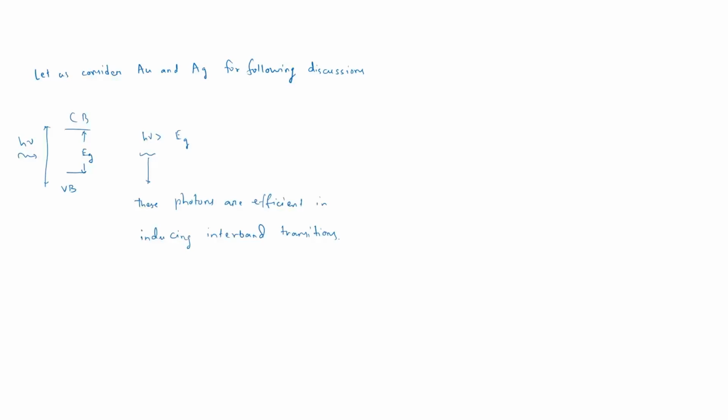The consequence of this is that since the photons are now being used for the interband transition, these photons cannot couple with the surface plasmon polariton. As a consequence, the surface plasmon polariton will be damped more.